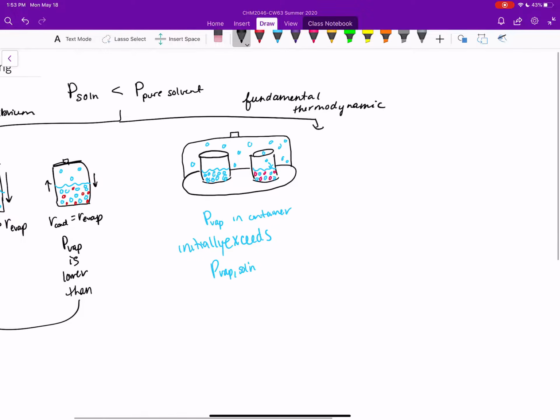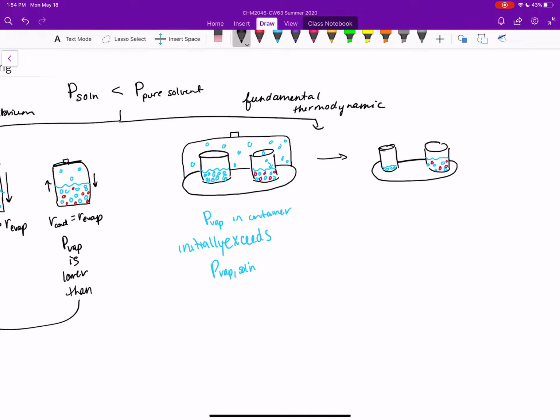And so if I redraw this whole system, what I'll see is that I have what is essentially a more dilute solution and a lower volume of solvent. Because as that solution starts to pull solvent molecules into it, I'll increase the volume over here actually, but as that solution starts to pull the solvent molecules in, the solvent continues to evaporate.